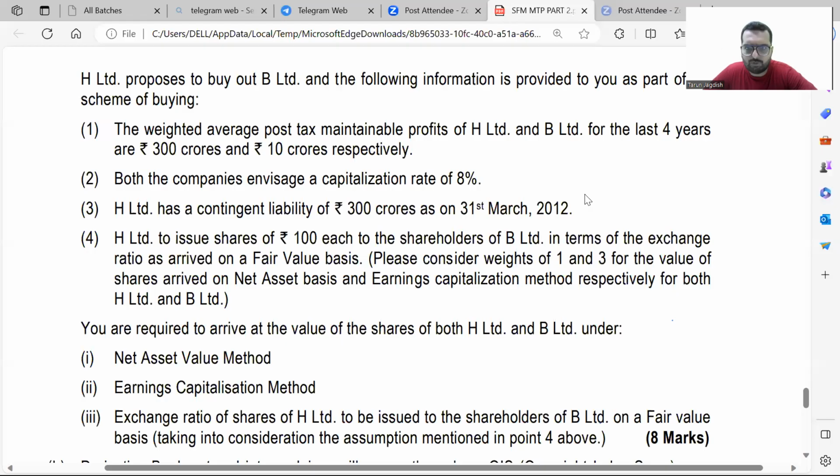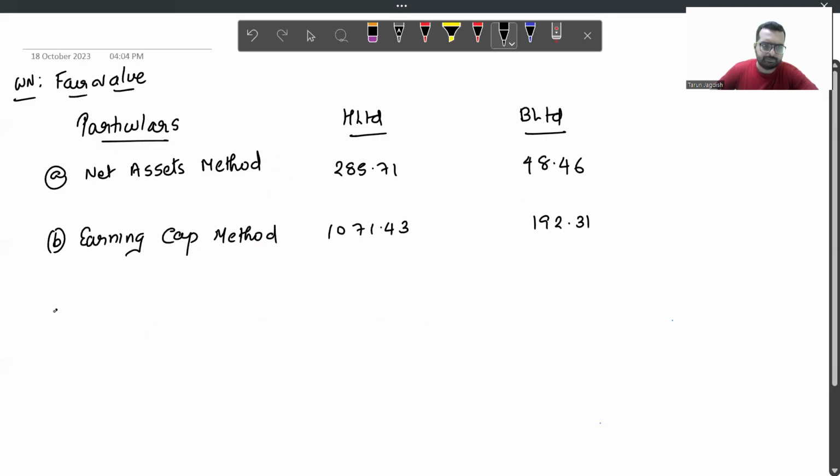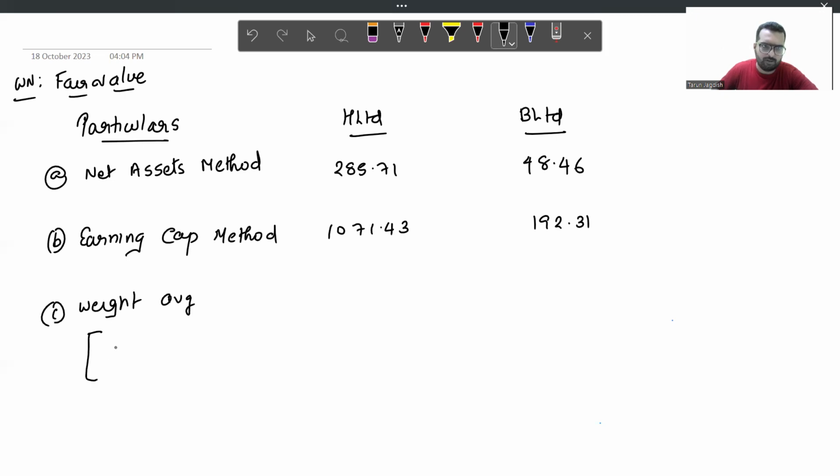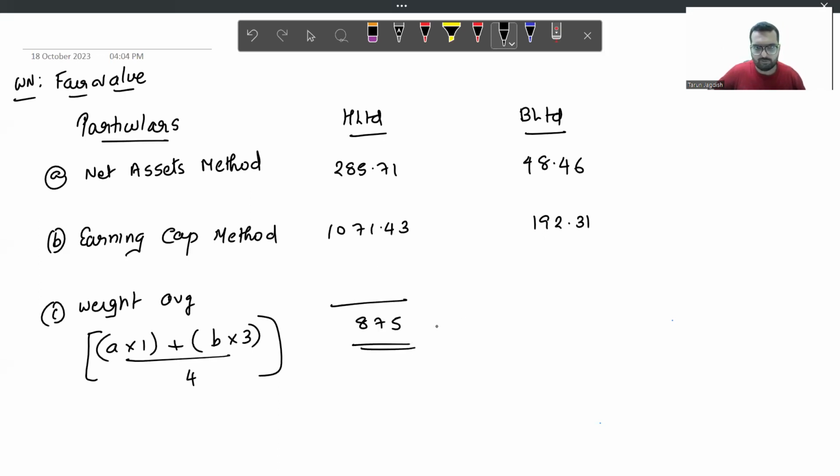What are the weights they have told over here? 1 and 3. Okay, so the weighted average formula will be (A into 1 plus B into 3) whole divided by 4. Do you get the answer as 875 for the first one? 156.34 is going to be the answer.